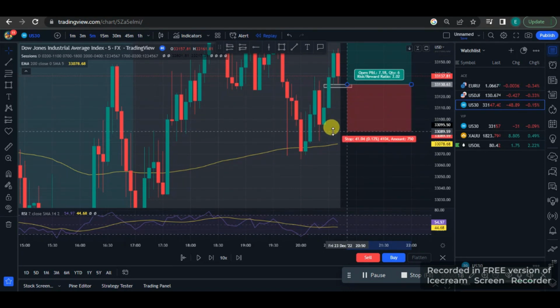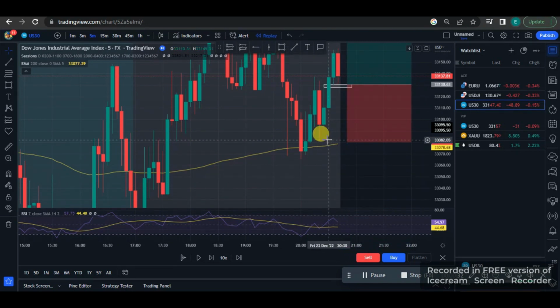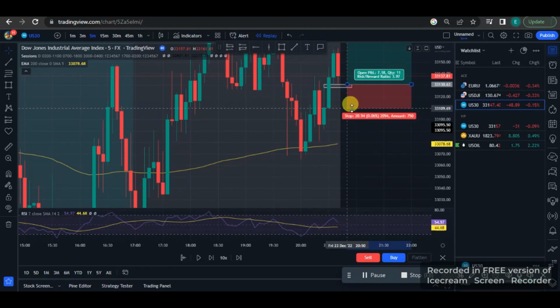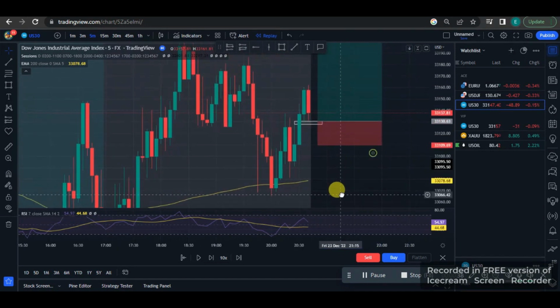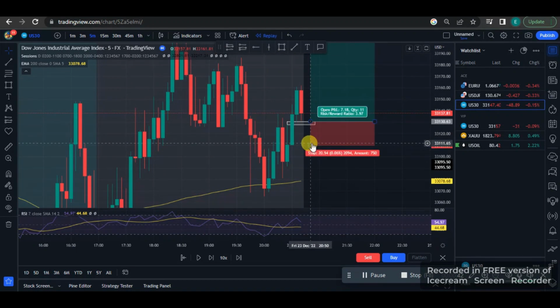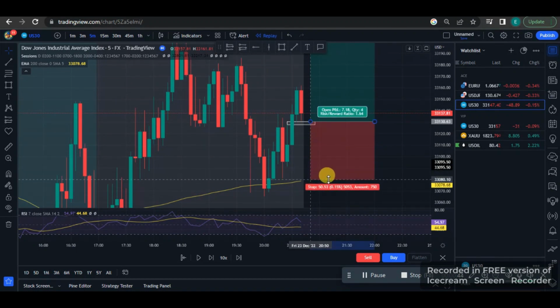It depends on what you want, but for me, I would prefer you put your stop loss below the last bearish candlestick that formed before this bullish FVG. So you can just put your stop loss slightly below there. Or if you want a more conservative, tighter stop loss, then you can put it below this candlestick that formed the FVG. But for me, let's just leave it down here.